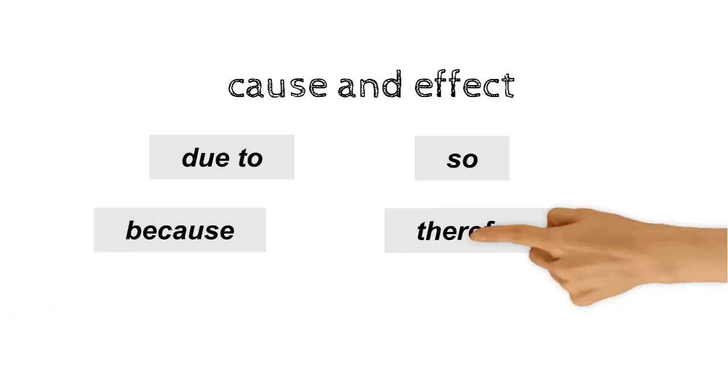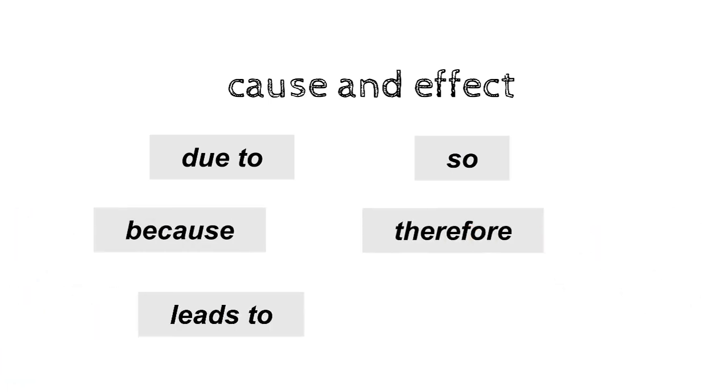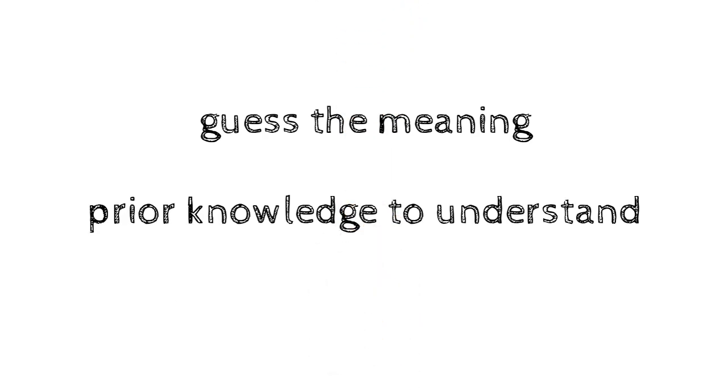You might also find cause or effect that gives you a clue about the word you don't know. Words and phrases that introduce cause and effect include due to, so, because, therefore, leads to, or as a result. Another way to guess the meaning is to use your prior knowledge to understand the word.